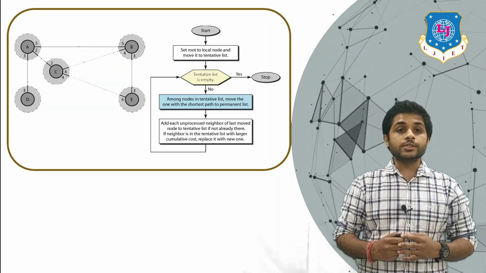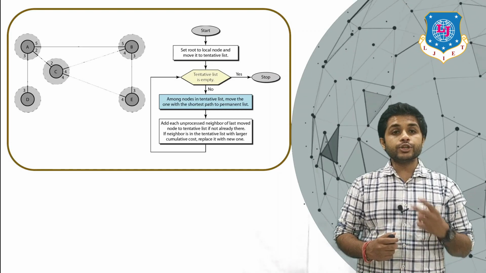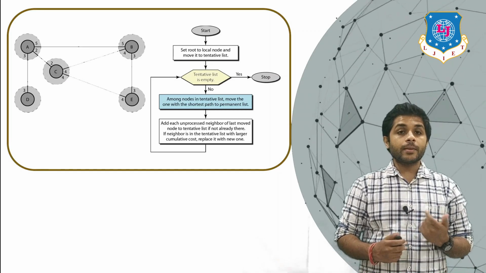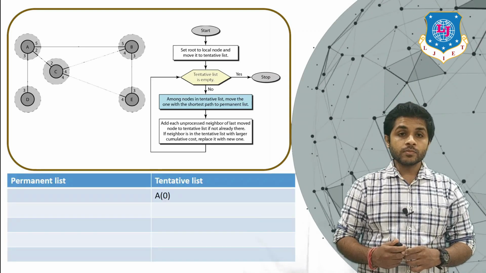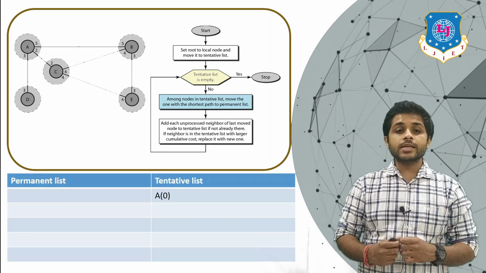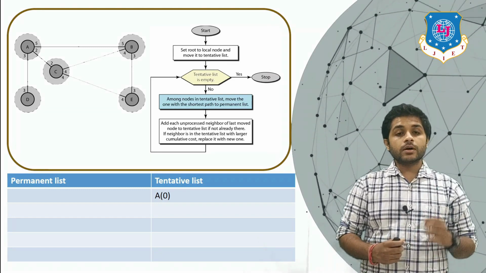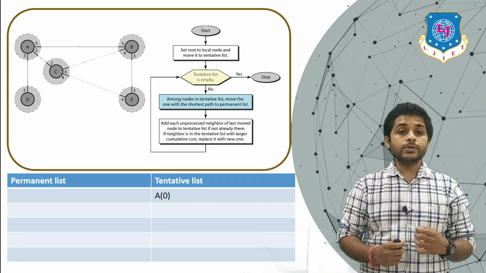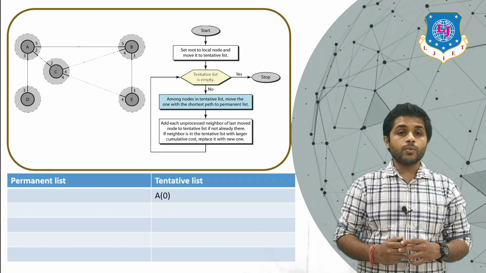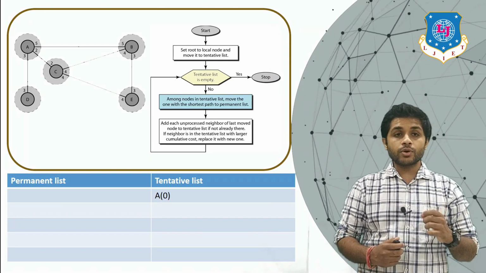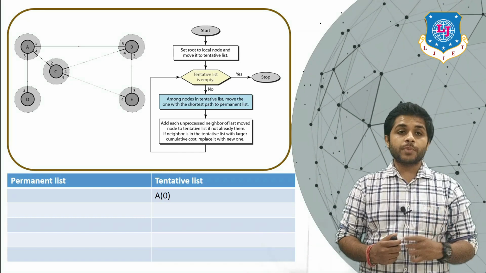All the routers in the network are divided into two categories, the tentative list and permanent list. So in the Dijkstra's algorithm, in the first step, we will move the root node into the tentative list. Now what is the root node? The root node is the first node in the shortest path tree.